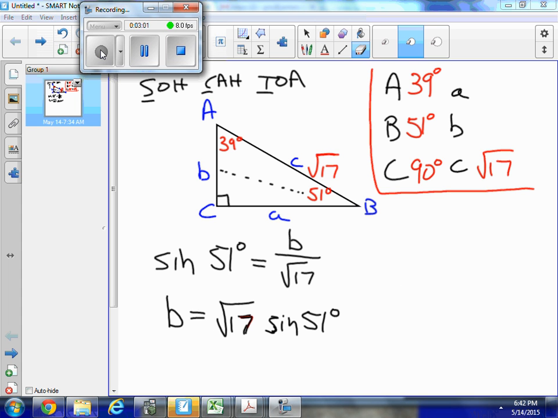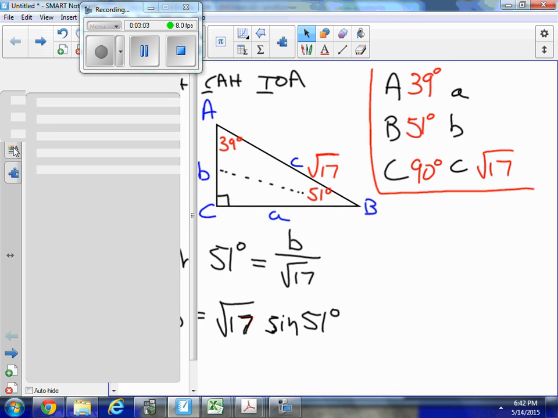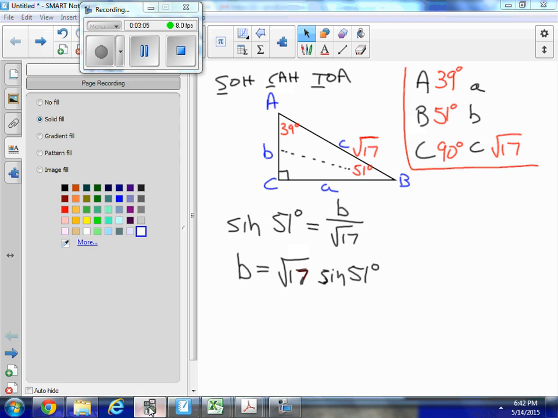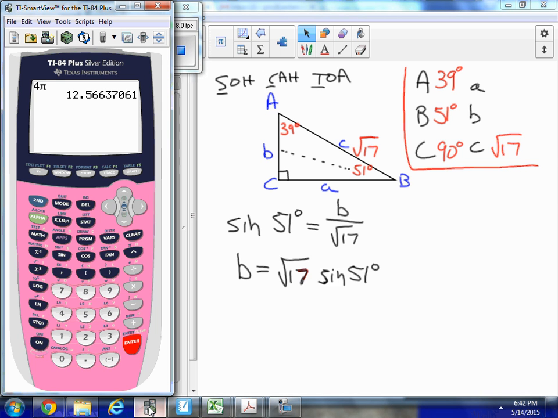So let's find out what that's equal to. Here's our calculator. I'm going to go square root of 17, and I'm going to multiply that by sine 51, and hope that I'm in degrees. I'll look in a minute. And I enter, and I find that it's 2.76.